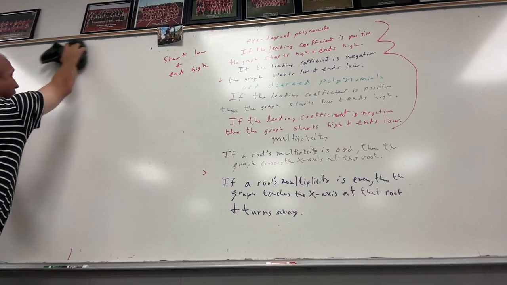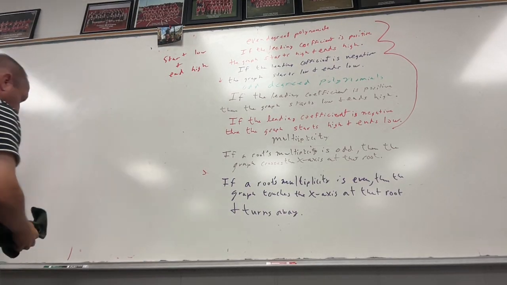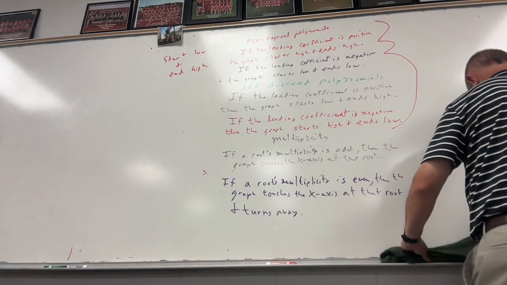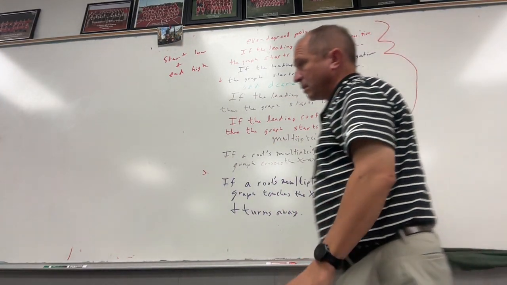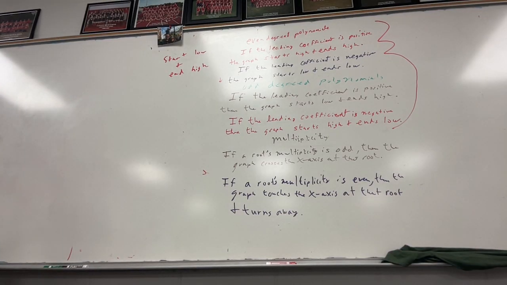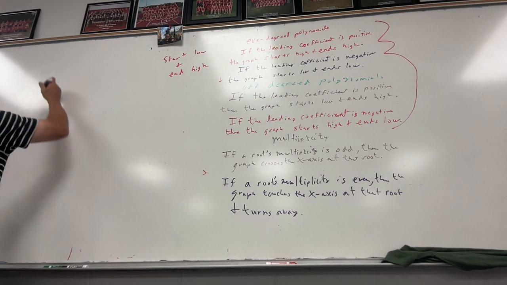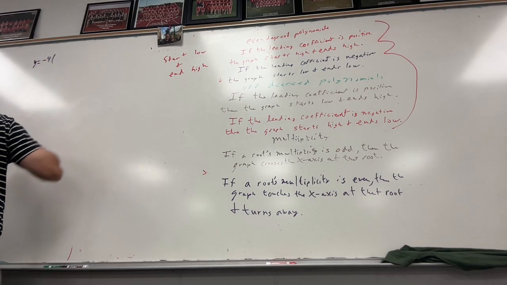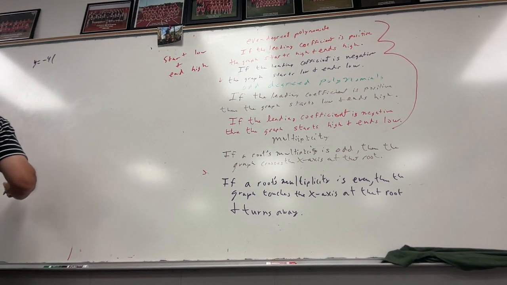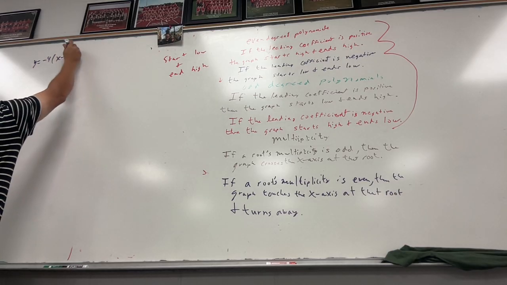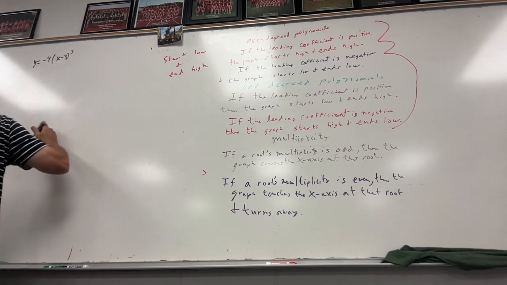Now the next one I'm going to give you is already going to start out in factored form. So we're going to look at y equals negative 4 times x minus 3 to the third times x plus 1.